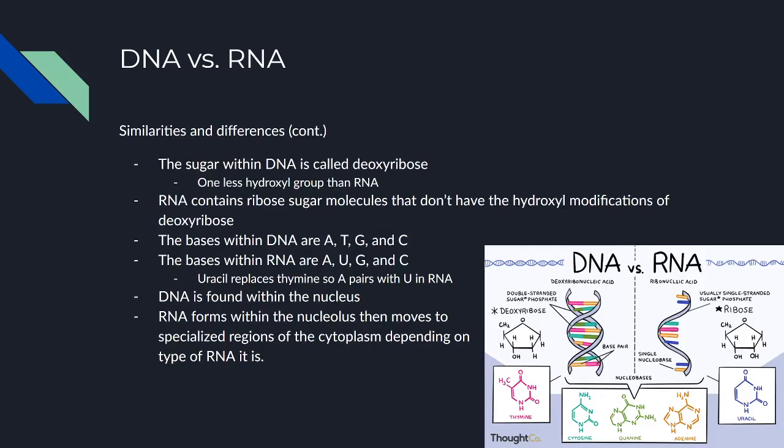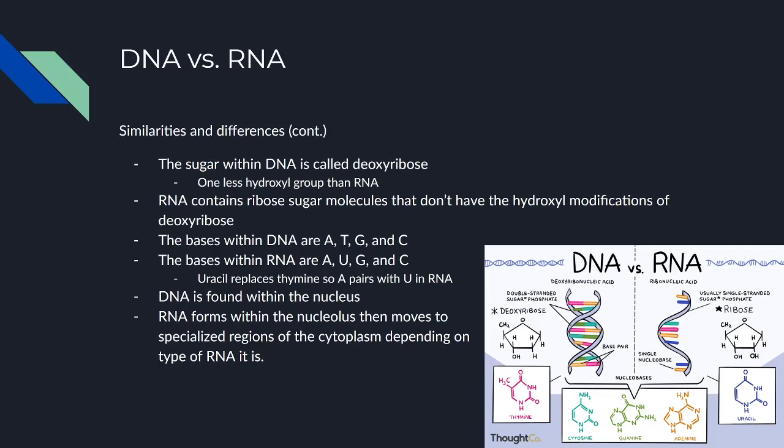Here are some similarities and differences. The sugar within DNA is called deoxyribose, which has 1 less hydroxyl group than RNA. RNA contains ribose sugar molecules that don't have the hydroxyl modifications of deoxyribose. The bases within DNA are A, T, G, and C, while the bases within RNA are A, U, G, and C. Uracil replaces thymine, so A pairs with U in RNA.